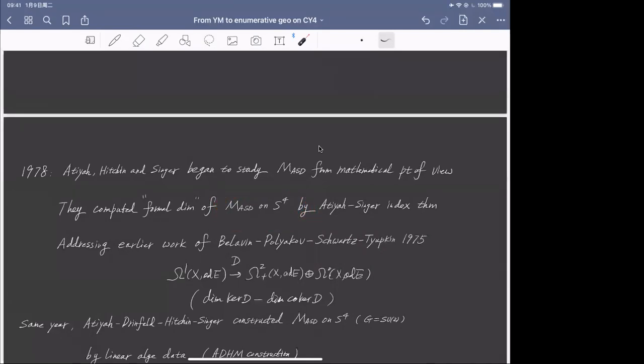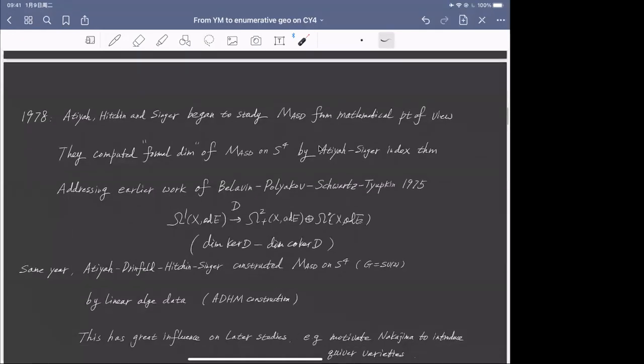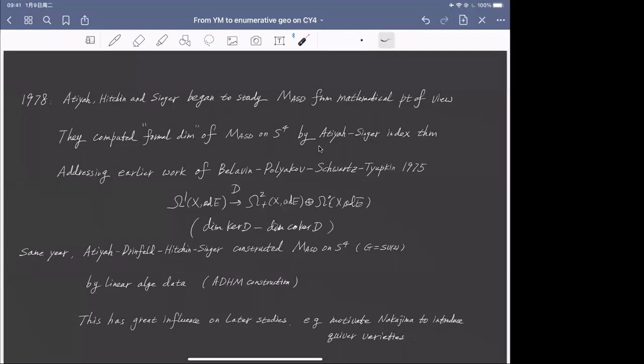This computation also addressed the earlier work by several physicists, the BPST instanton, back to 1975. Around the same year, Atiyah, Drinfeld, Hitchin, and Manin actually constructed this moduli space very explicitly on S^4 with the gauge group SU(2), by very explicit data using some linear algebra data.